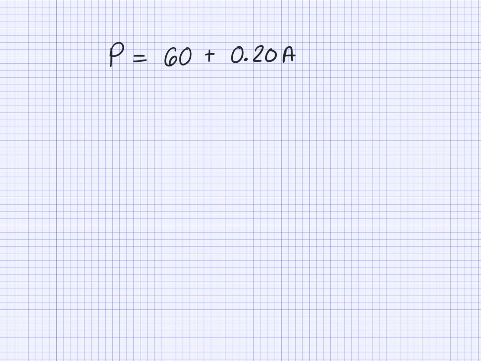Okay, so I've given you an equation. P is equal to 60 plus 0.20B. In this question, P represents a person's pay. So I'm going to write these words here, and I want you to write it down in your groups right now. So I want to know if it's direct, partial.